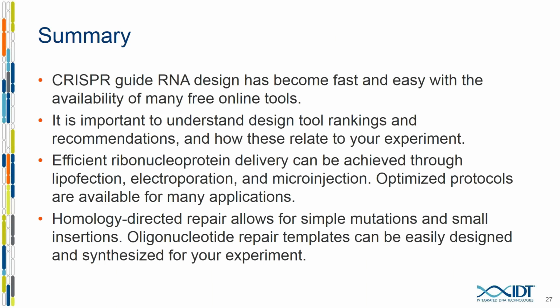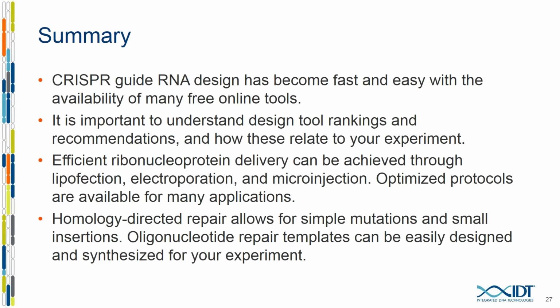So in summary, CRISPR guide RNA design has really become simple with a lot of free online tools. I don't have a specific recommendation for which tool you should use, but I do recommend understanding how those tools work, what the rankings are based upon, and whether or not they relate well to the type of experiment that you're doing.